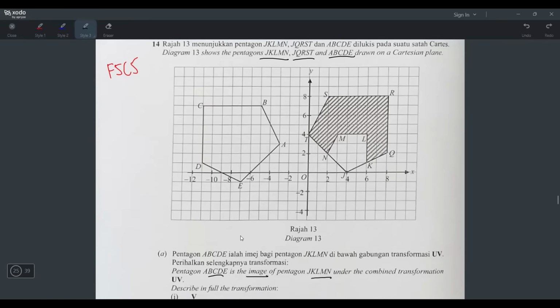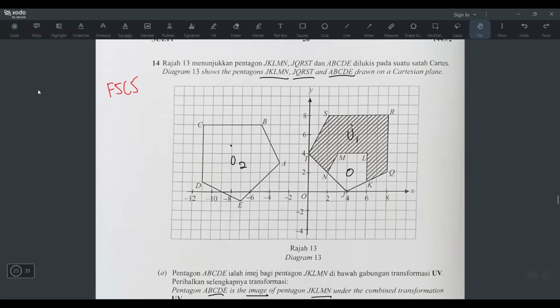Okay, that means ABCDE is the final image, because ABCDE is the image after two transformations. So this is I2, the final image, right? And JKLMN, that is the object. That means this one is the first image I1. It means you go from O to I1 and then to I2. I recommend you draw the arrow also. I will put it up here.